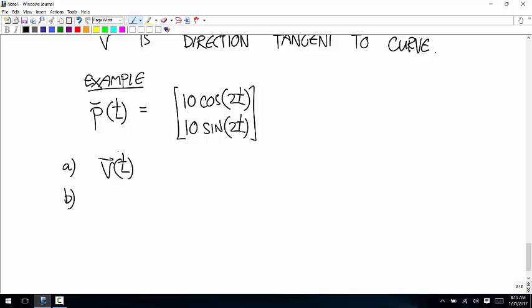Let's show the x component of the velocity at time equals pi over 4 on a px versus t graph.